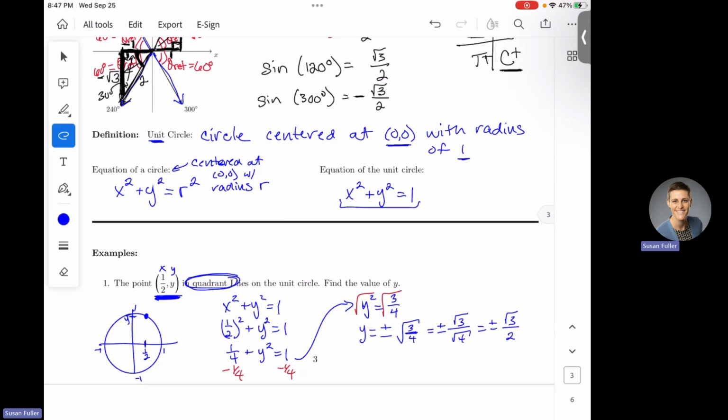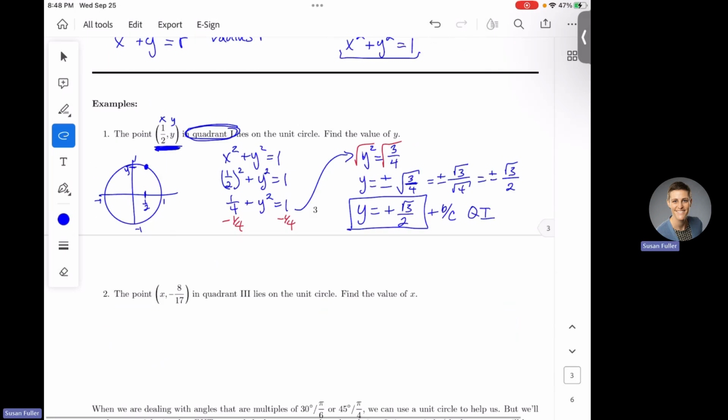In quadrant 1, both x and y are positive. So I know that I need the positive root 3 over 2 value, because quadrant 1. So that has to be the y value in order for this to be on the unit circle.